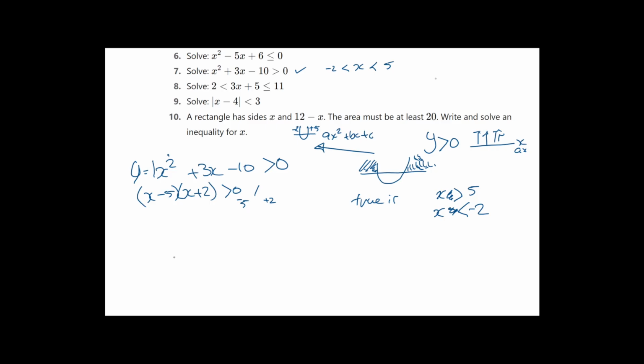So let's do them both separately. 3x plus 5 greater than 2. That's doing this one here. Let's take 5 away.